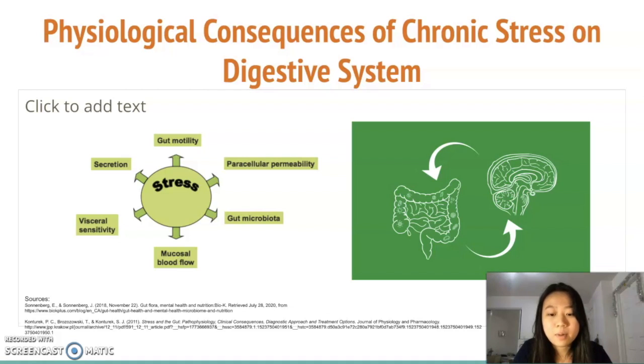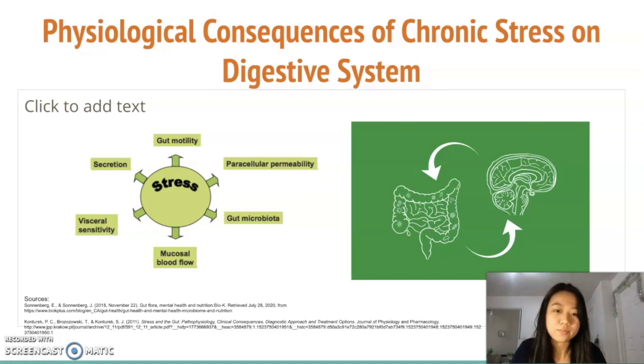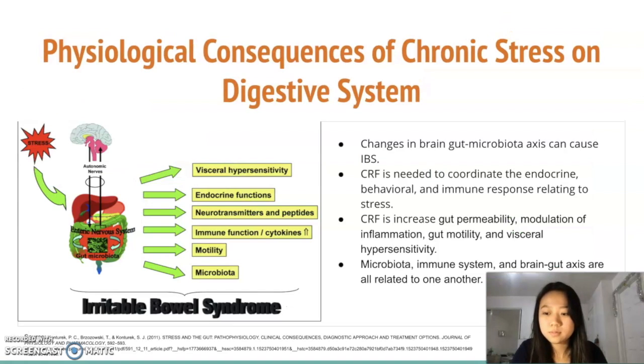If stress can modify microbiota, it can make changes to pro-inflammatory cytokine levels. Changes in the brain-gut microbiota axis can cause irritable bowel syndrome, or IBS.